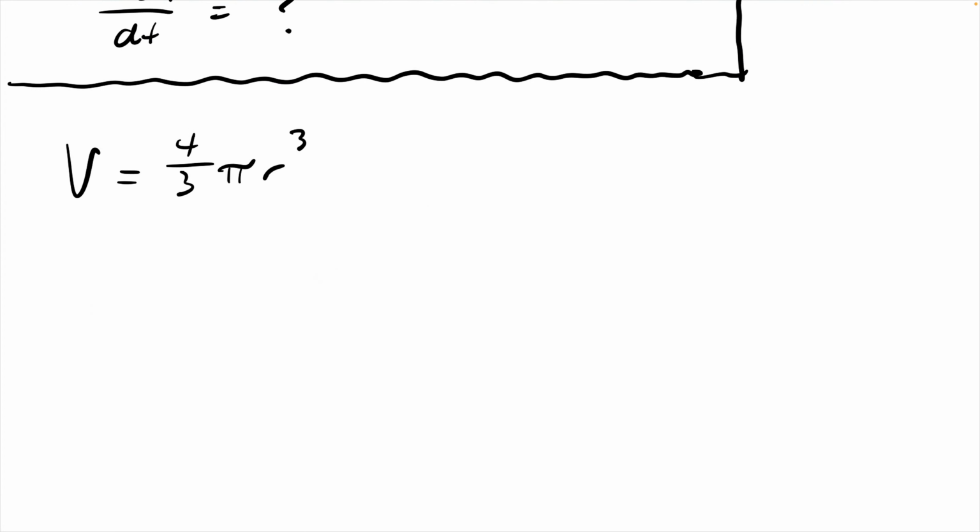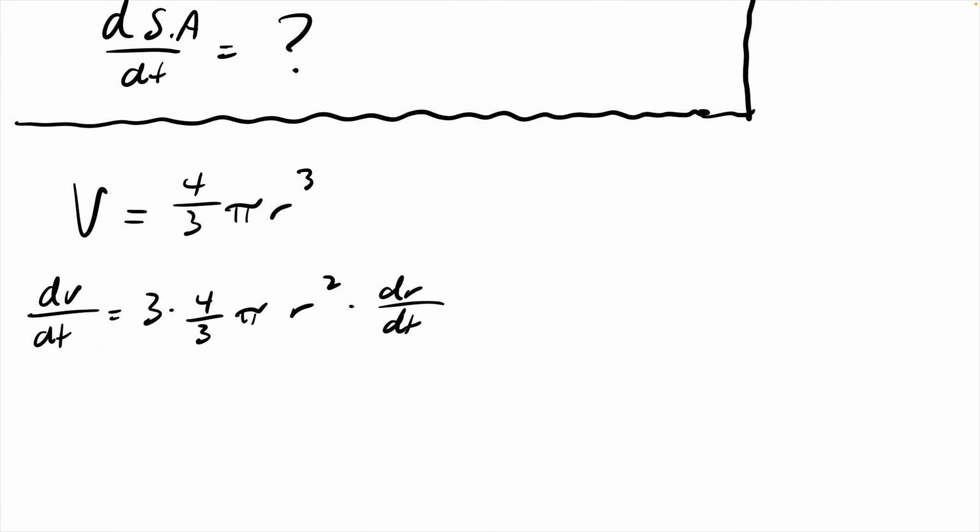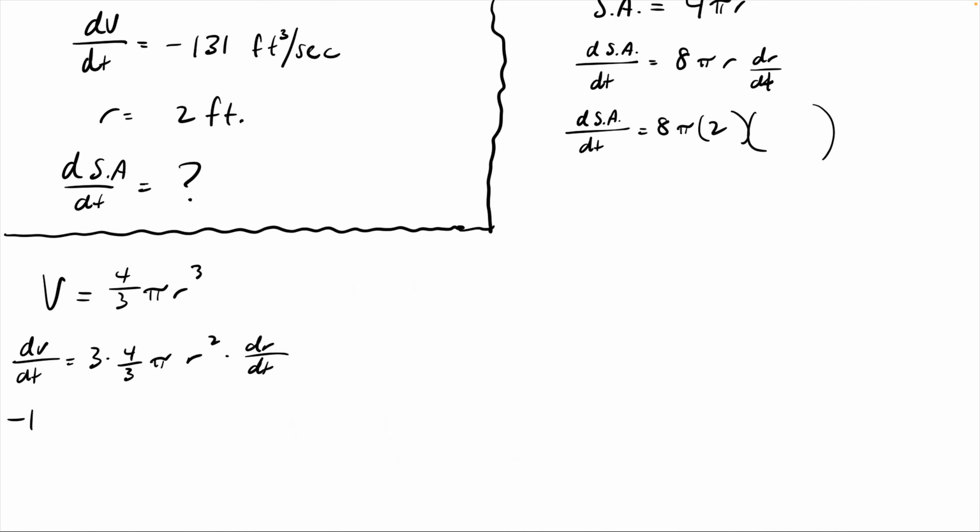Making sure I did it right. Yeah, cubed. Okay, again, dV over dt equals, it's going to be 3 because it's 3 times 4/3, right? r squared dr over dt. dV over dt is negative 131.